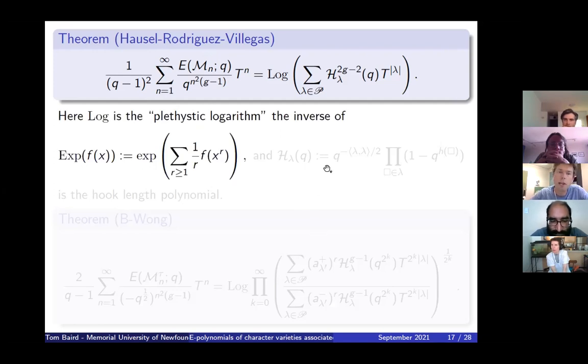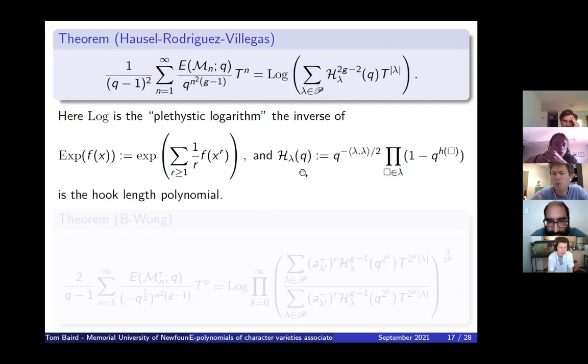On the right hand of this formula, we have what's called the plethystic logarithm, which is the inverse of the plethystic exponential, which is given by this formula here. And these h lambdas are what's called a hook length polynomial, a polynomial you can associate to any Young diagram by this formula. But this is a well understood thing. It comes up in representation theory of the symmetric group, combinatorial representation theory.